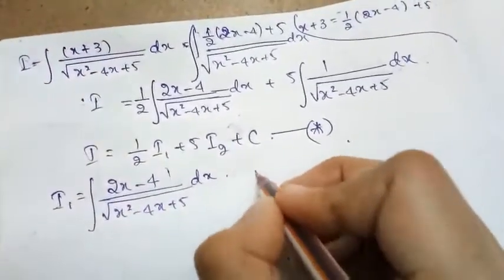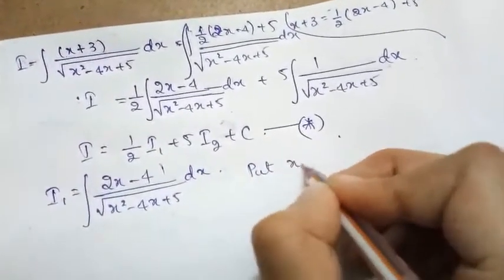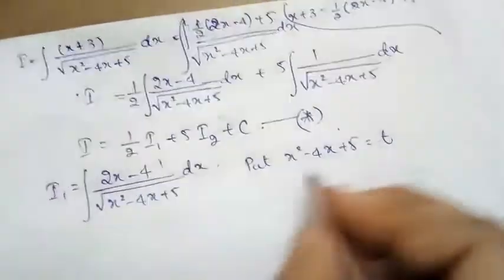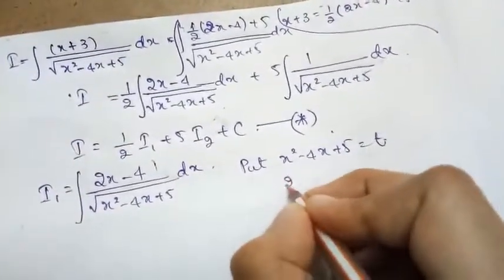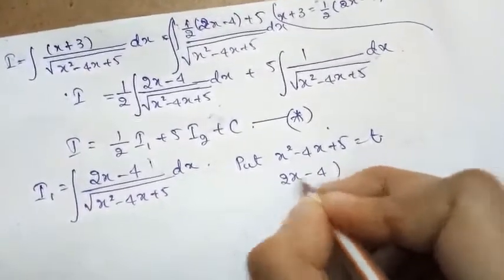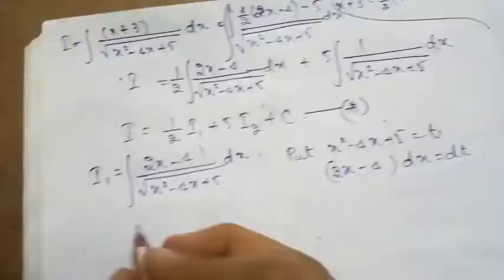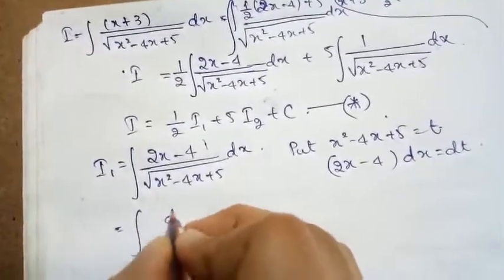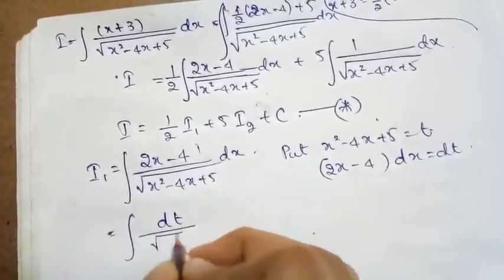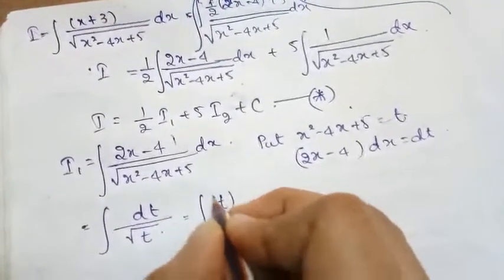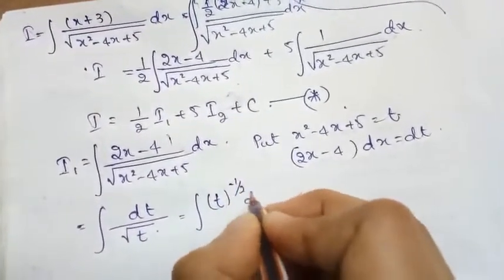So I'll put x square minus 4x plus 5 is equal to t. I differentiate this with respect to x, I am going to get 2x minus 4 into dx is equal to dt. So that is nothing but dt divided by square root of t. So I can write it as integration of t to the power minus 1 by 2 into dt.